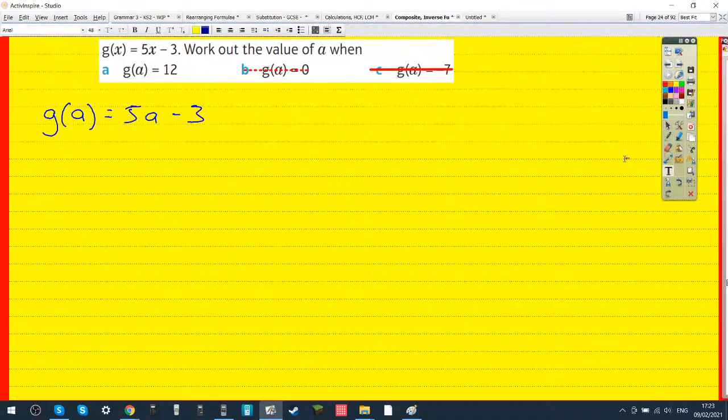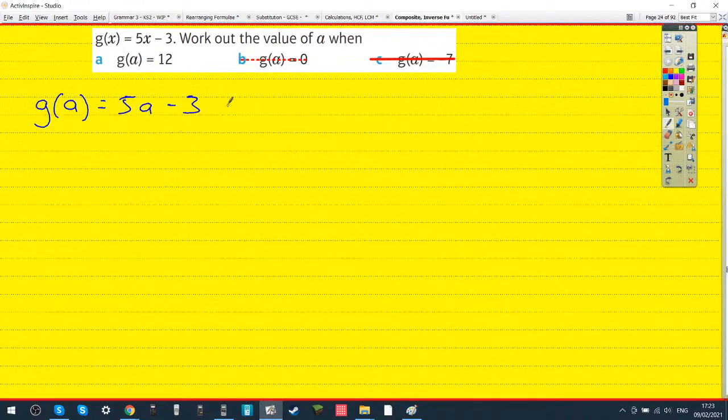It should be 12. Yeah. It should be equal to 12. And so try solving it. So a would be 3. Yep, a is 3. Great. So that's basically what they're asking, like what a will give you that amount.